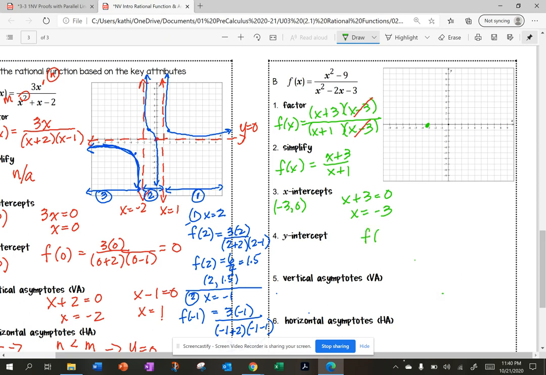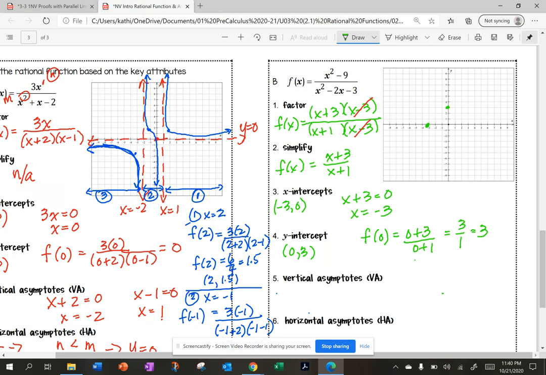So this is f at x equals 0. So this is going to be 0 plus 3 over 0 plus 1, which is 3 over 1, which is 3. So my point is x is 0, y is 3. I'll plot that one.